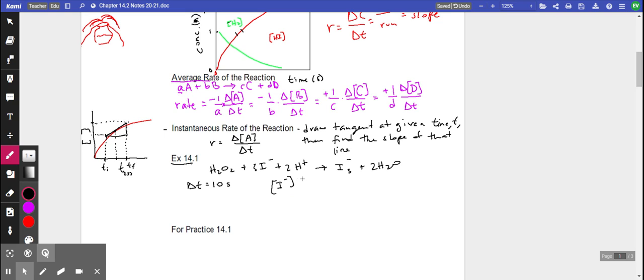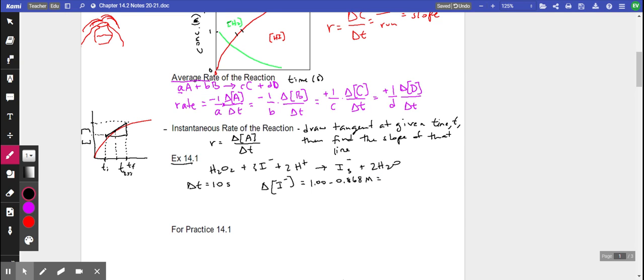The concentration of I minus drops from 1.00 to 0.868 molar.